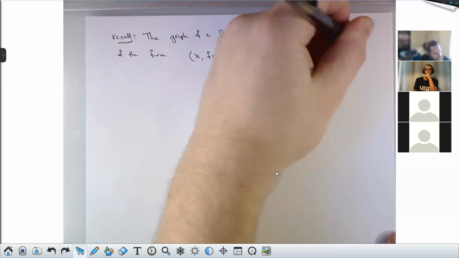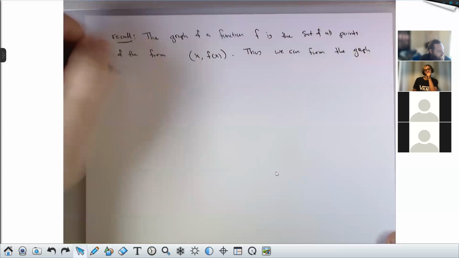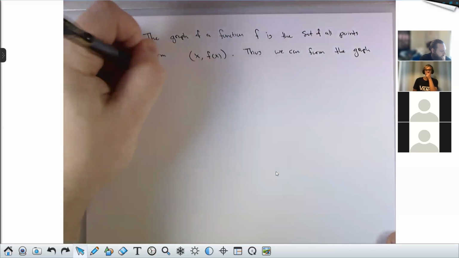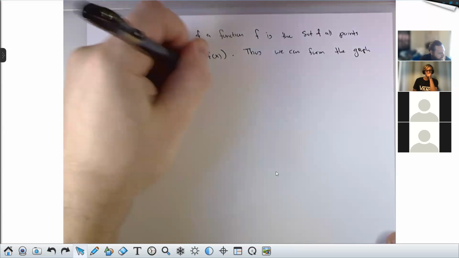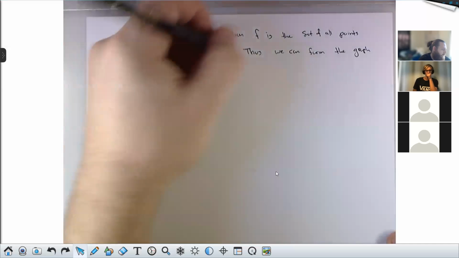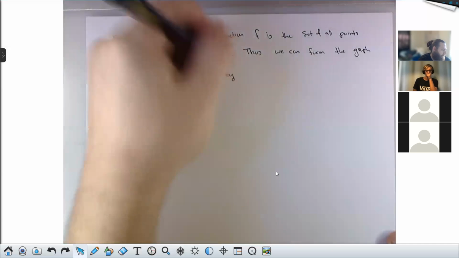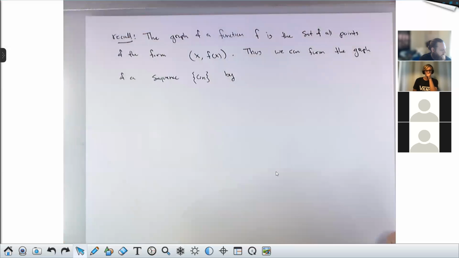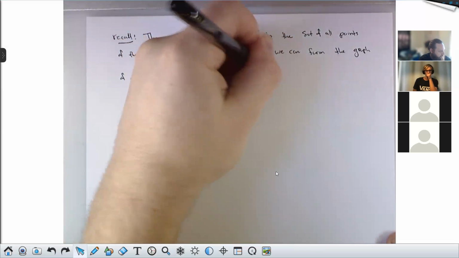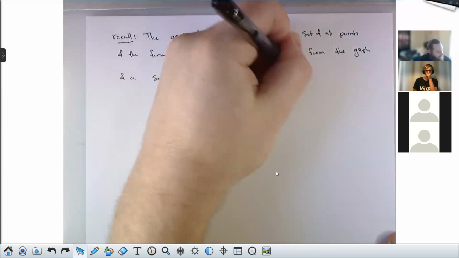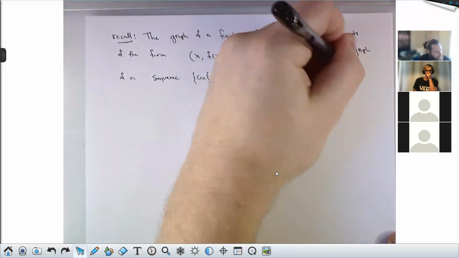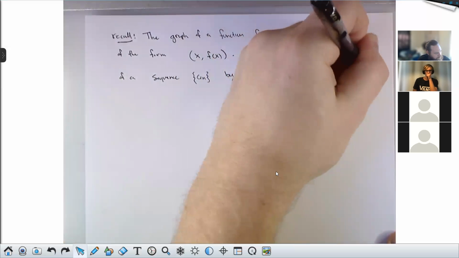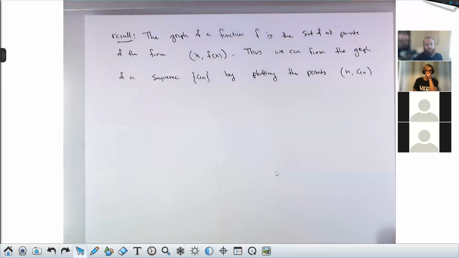Thus we can form the graph of the sequence by plotting the points n comma a_n, input comma associated output, right?